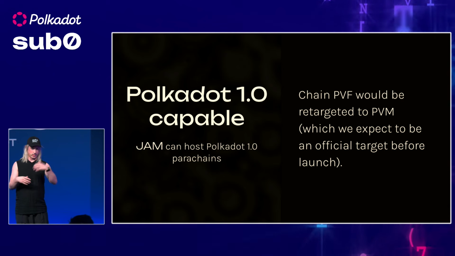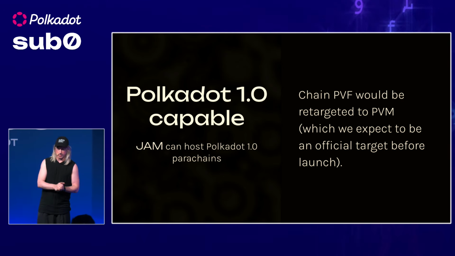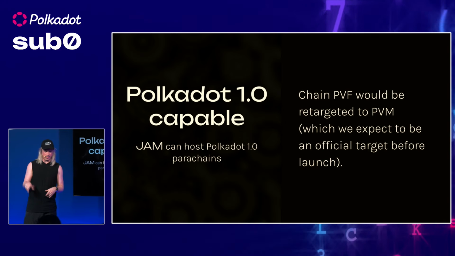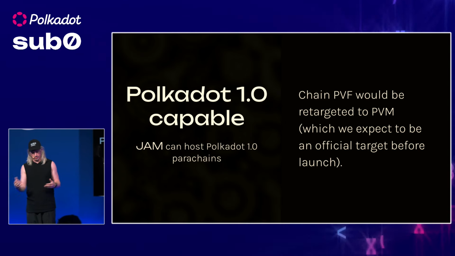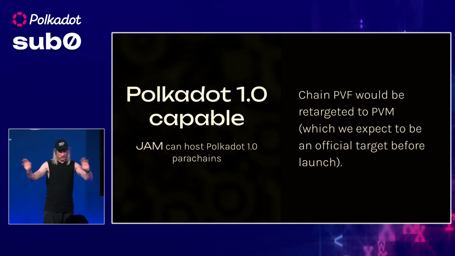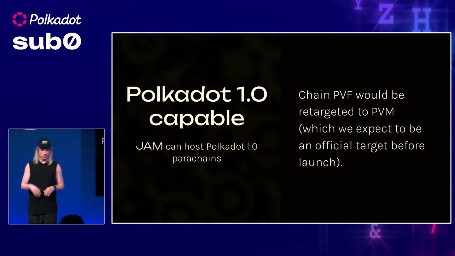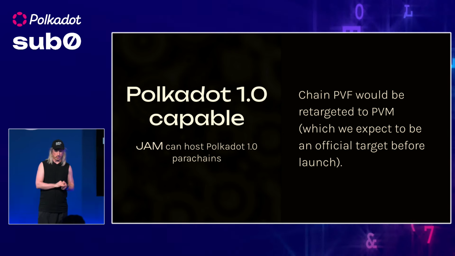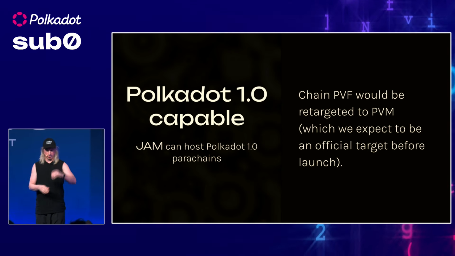So instead of targeting WebAssembly, it would be targeted towards PVM. And we actually expect PVM, because it's such a minor alteration from RISC-V, and RISC-V is now an official LLVM target, we expect PVM to be an official LLVM target before this stuff is deployed.